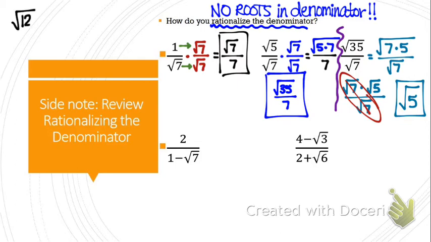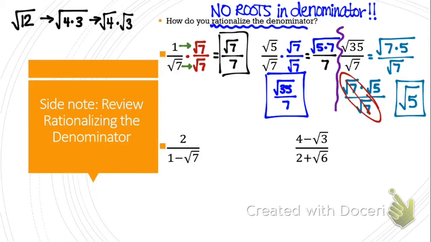If I have square root of 12, can that simplify? Yes, I can write 12 as the product of at least one perfect square, correct? 12 is the product of what and what if I want one of them to be a perfect square? 3 and 4. And so that would be the same thing as the square root of 4 times the square root of 3.